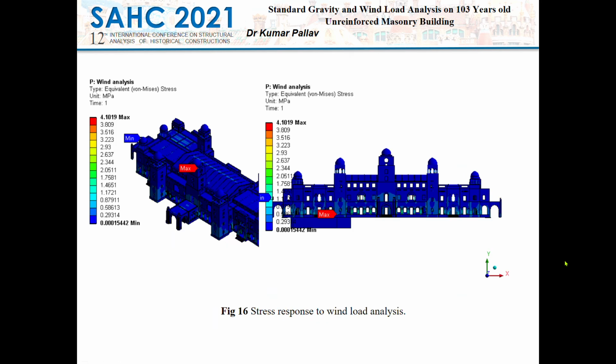Further, wind load analysis was conducted, and if you see this particular portion of the tower, the maximum stress of 4.10 megapascal has been observed, and we observed minimum stresses around this corner of this building. And if we see the cross section, we found the maximum stress of 4.10 is also observed on the bottom of the side tower of this building.